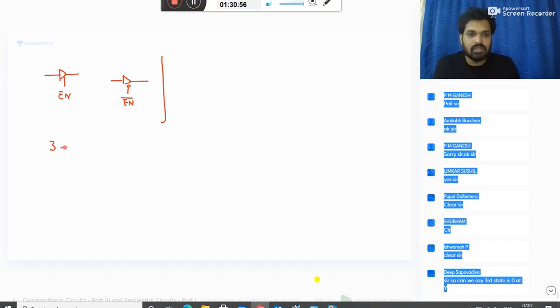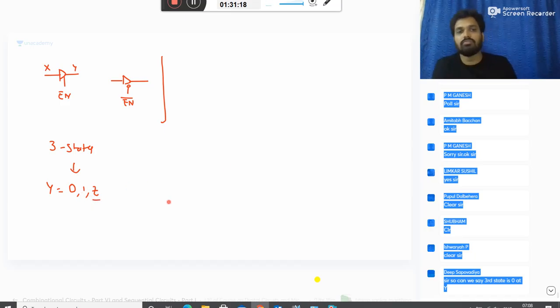See, what are the three states? It is 0, 1 and Z. What is Z? Z means high impedance state. This is your X. Your Y can be equal to 0 or 1 based on your input, and also Z. Three states are there. Is it clear now?